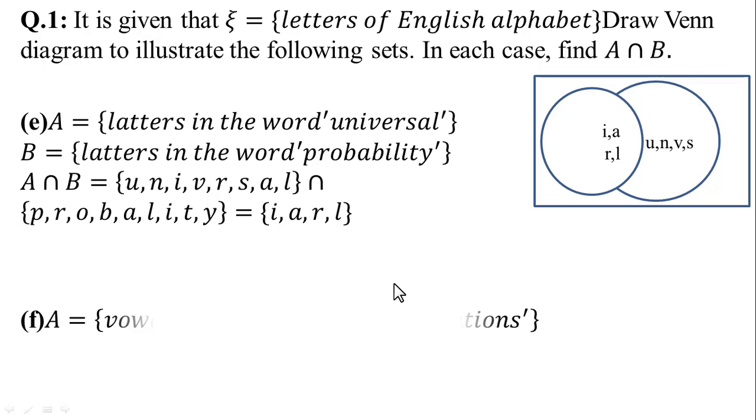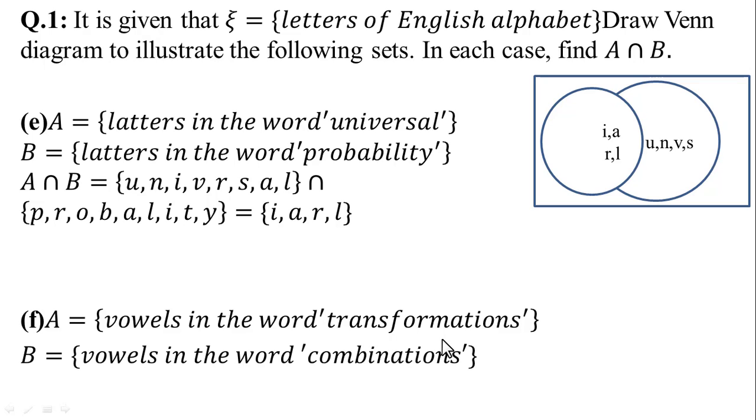Now we solve the next part, part F. In part F, set A is the vowels in the word transformations and set B is the vowels in the word combination.